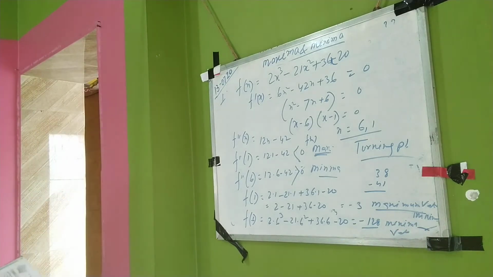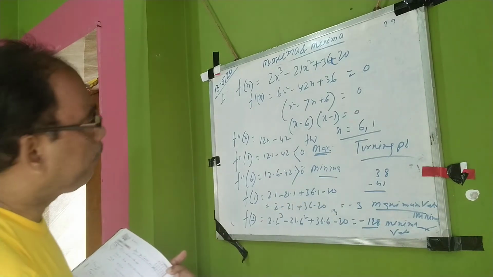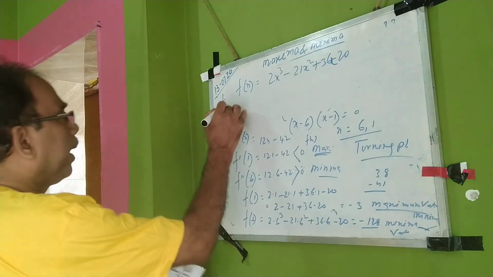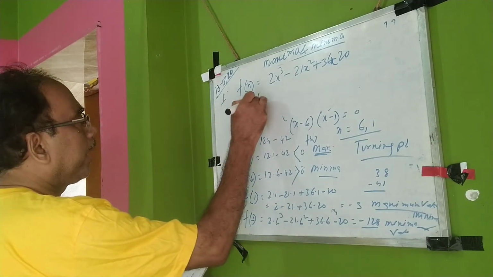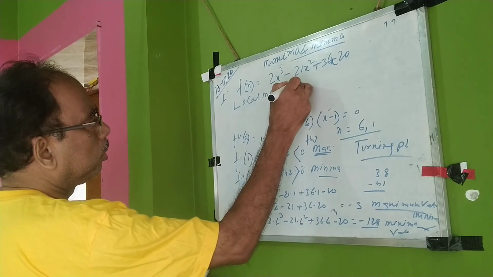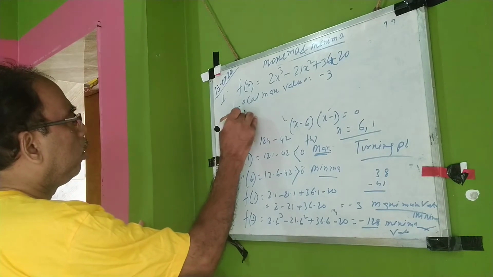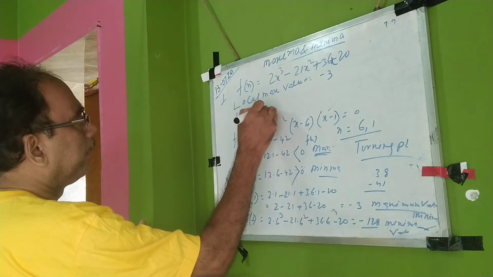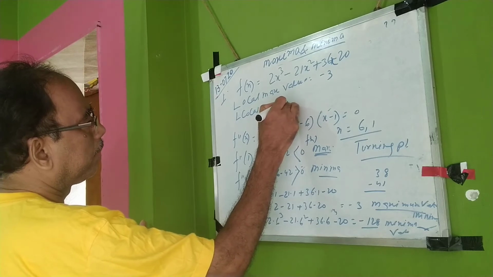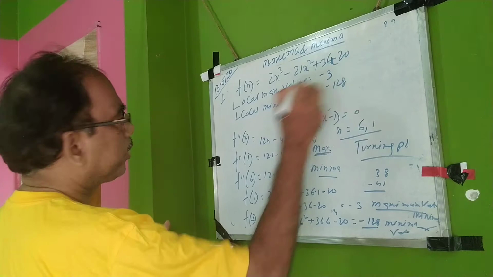So in this way we can get the local maximum value. Here we can say local maximum value equals minus 3, and local minimum value is minus 128.